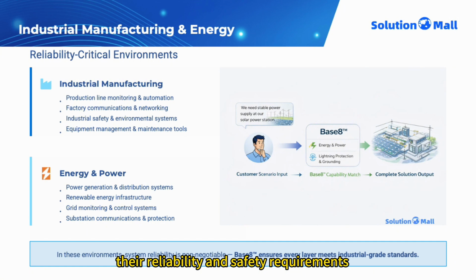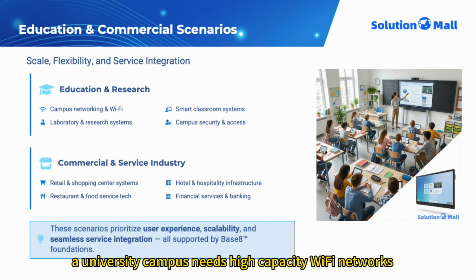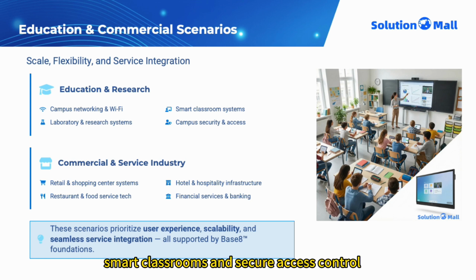and safety requirements. And while industrial and energy environments focus on reliability, education and commercial environments have a different set of priorities. Here, the focus shifts toward user experience, scalability, and seamless service integration. For example, a university campus needs high-capacity Wi-Fi networks, smart classrooms, and secure access control.